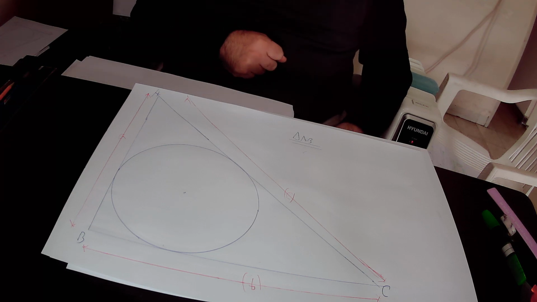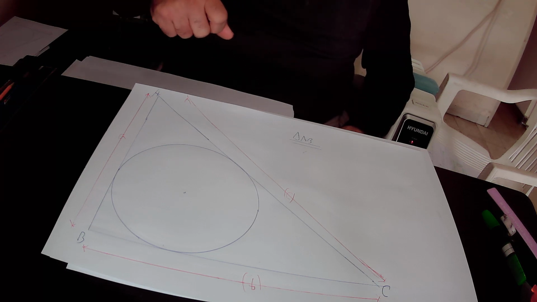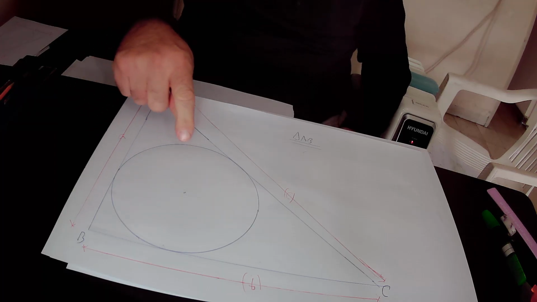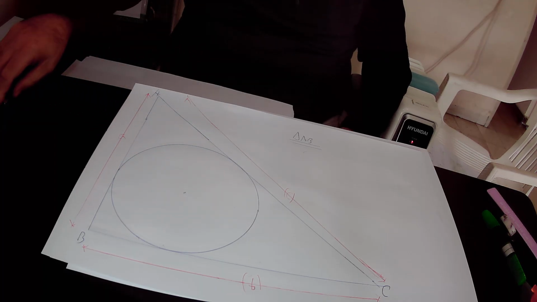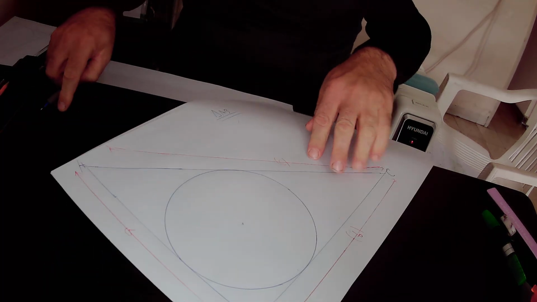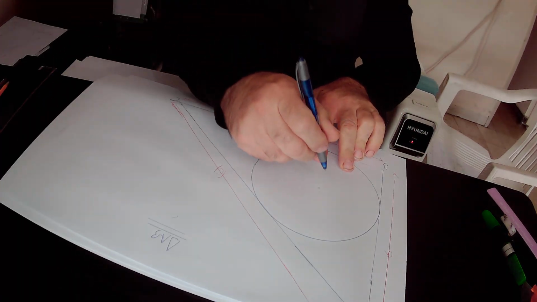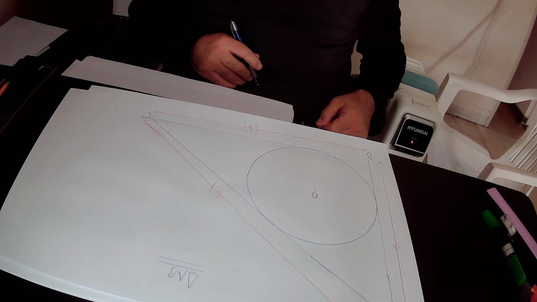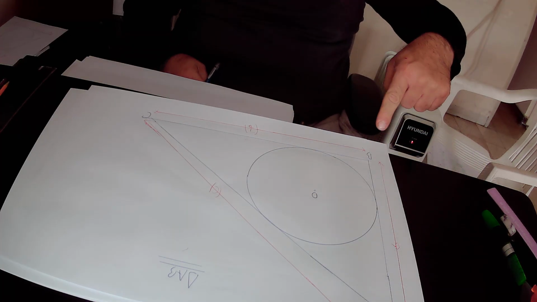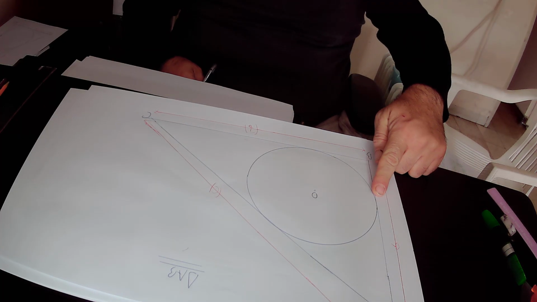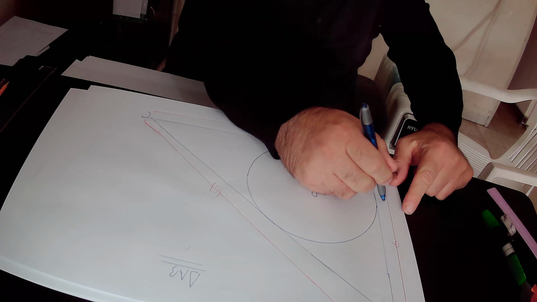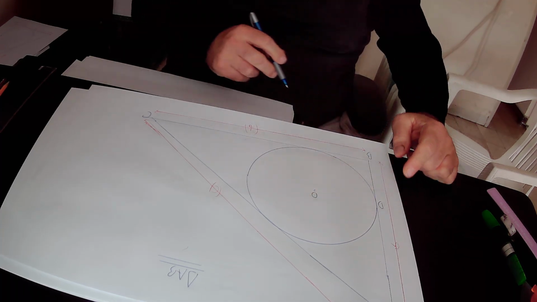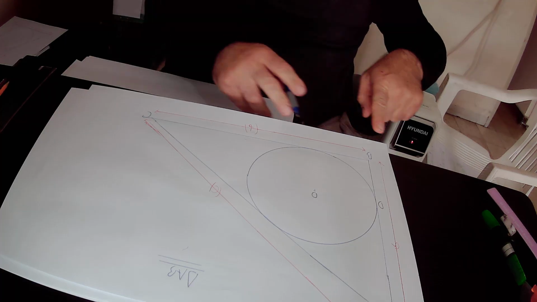So first of all, we define the center of this circle. This point is point O. We define the point of tangency of tangent AB with this circle. This point is point D. Likewise, we define the point of tangency of tangent BC with this circle.